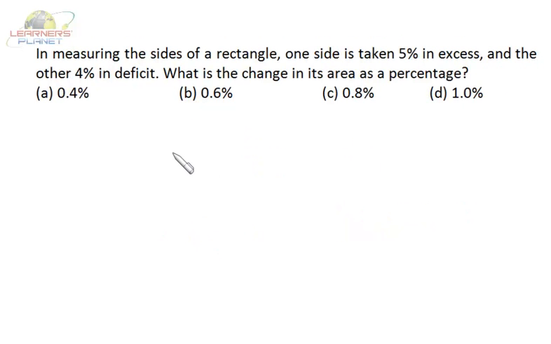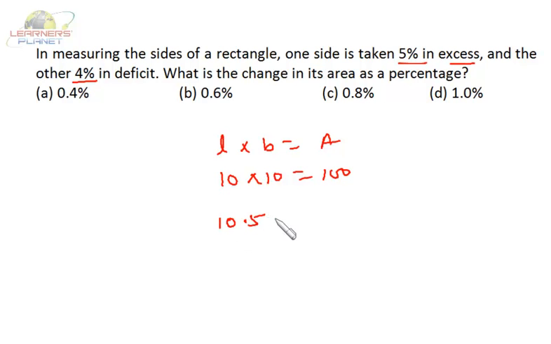Now, in measuring the sides of a rectangle, one side is taken 5% in excess and the other is 4% in deficit. What is the change in area as a percentage? Initially, let the length and breadth be 10 and 10. So length into breadth is area. Maybe 10 into 10 is 100. Okay. Now, one side is taken as 5% excess. That means, say length is taken in 5% excess. So the new length is 10.5.